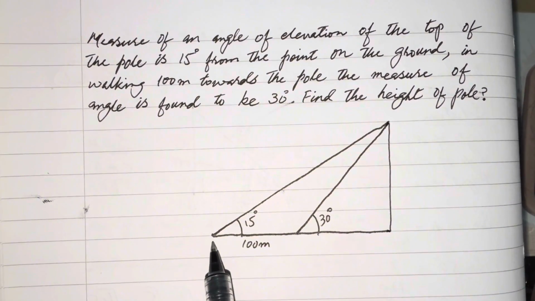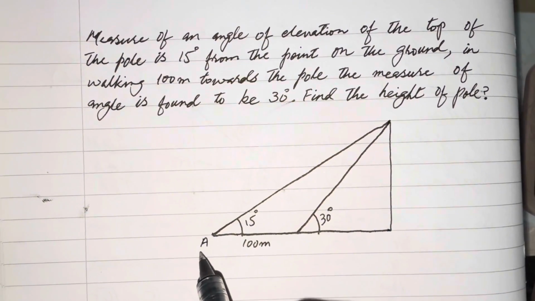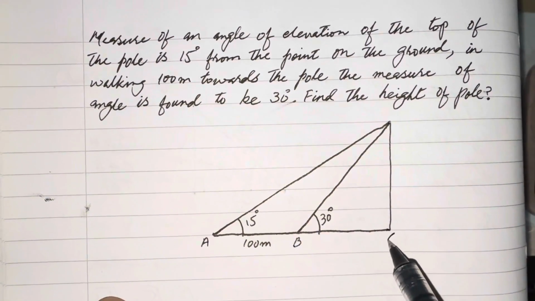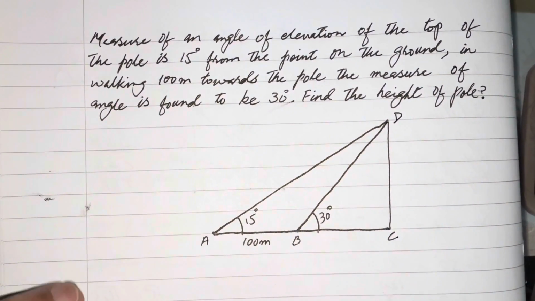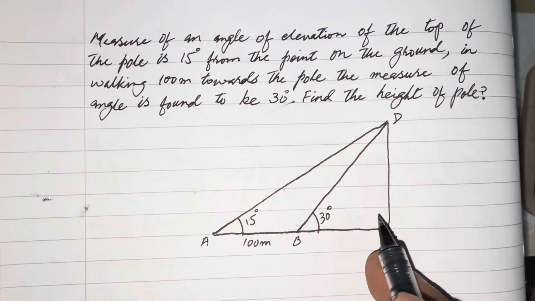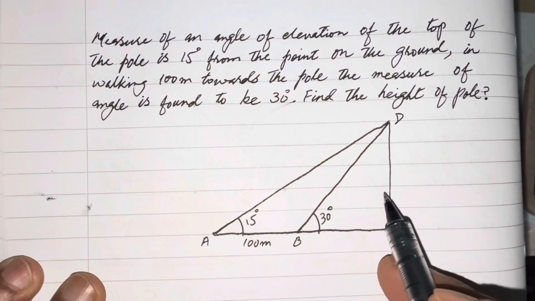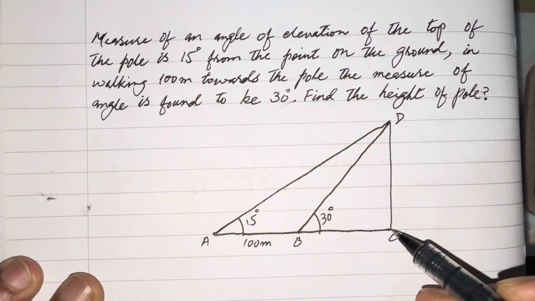Now we are going to give names to the points. Let's say this point is A, this point is B, this point is C, and that is D. Now if we try to understand the picture, this line is showing the height of the pole.